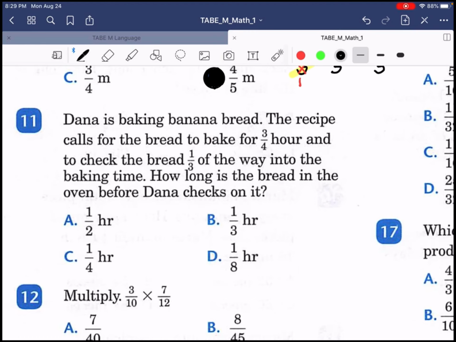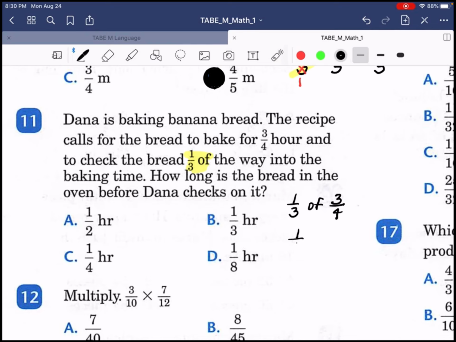Dana is baking banana bread. The recipe calls for the bread to bake 3/4 of an hour and to check the bread 1/3 of the way into the baking time. How long is the bread in the oven before Dana checks on it? 1/3 of 3/4.